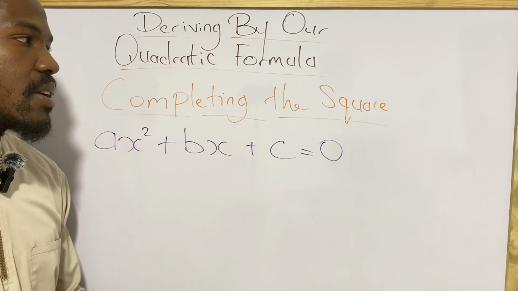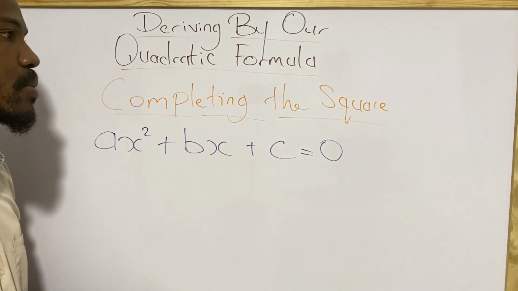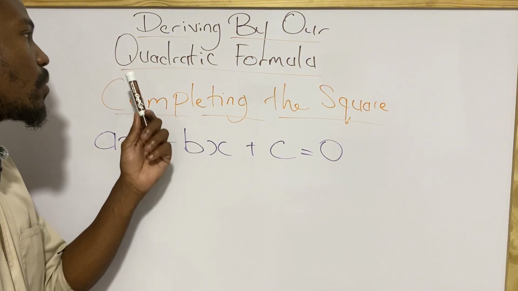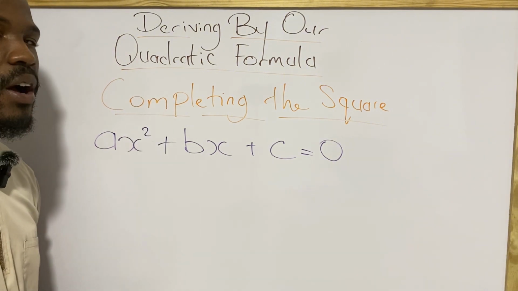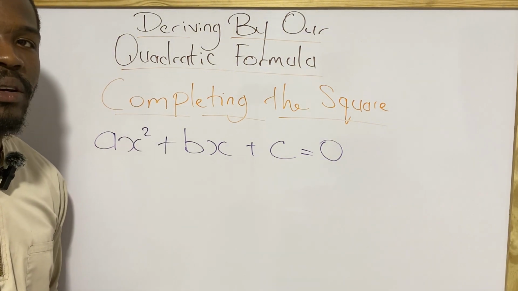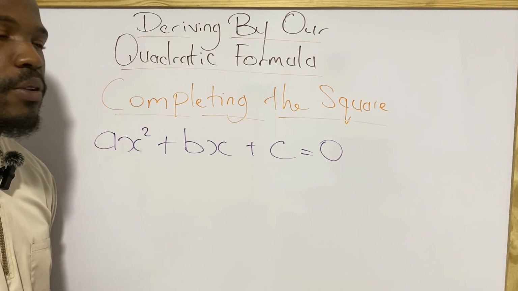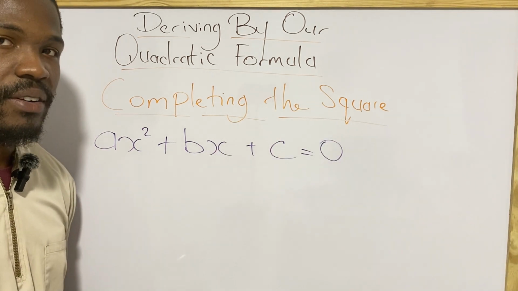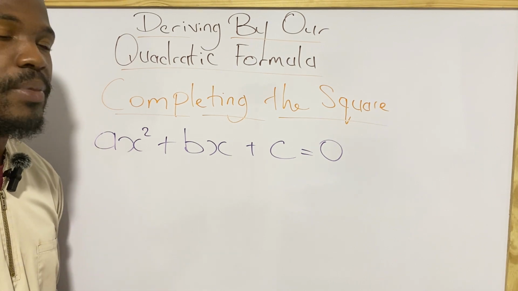Now you might be asking, where does the term completing the square actually come into this lesson? If you look at the term quad, quad actually means 4. A square is really a quadrilateral, because quad means 4.